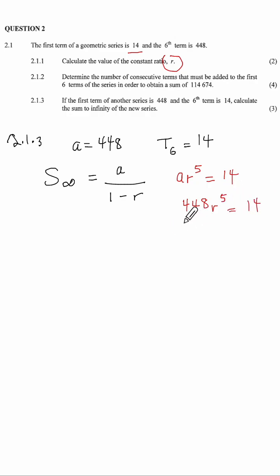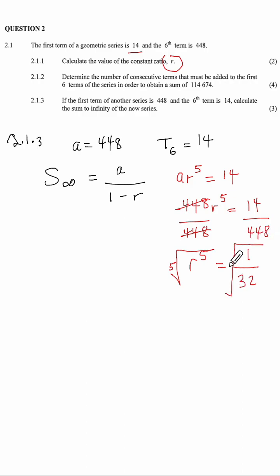So to find r, I would need to divide both sides by 448. So r to the power 5 is equal to 1 over 32. And then remember, if I want to find r and it's r to the power 5, I have to take the fifth root of both sides, or I raise both sides to the power 1 over 5. But either way you get the same thing.